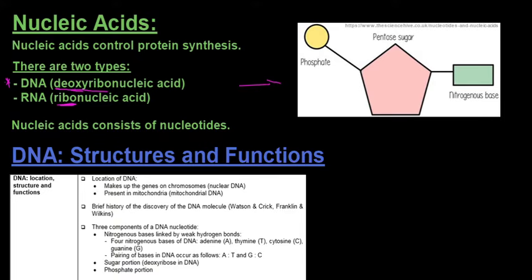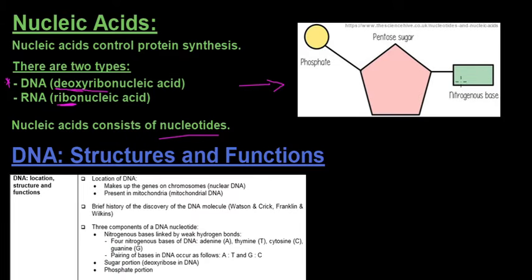Now, the general structure of a nucleic acid, it is made up of nucleotides. So these three structures you see on the right, all of them together make up a nucleotide, which is the building block of these nucleic acids.